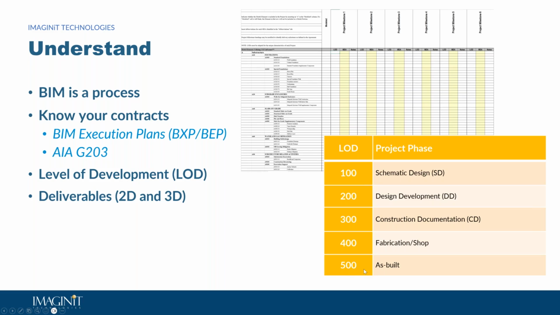If there is a requirement via the contract for an LOD 500, that means that someone is responsible for updating the 3D model. A lot of times the architect will have an additional fee and they will send people out to the field to do sort of active field survey if things are being installed or moved around.